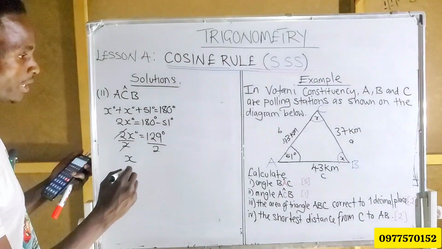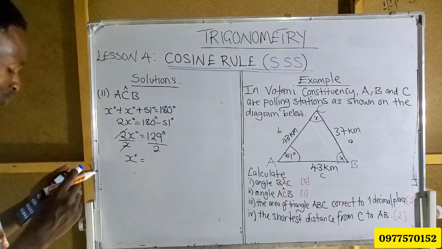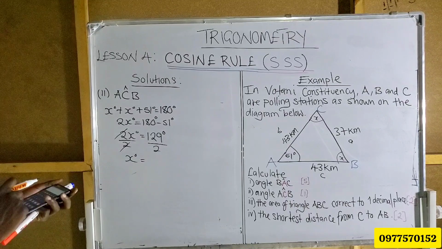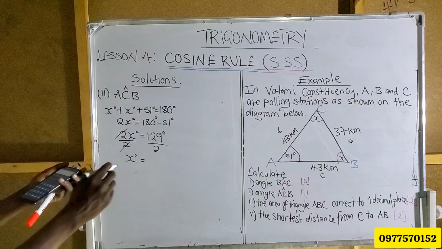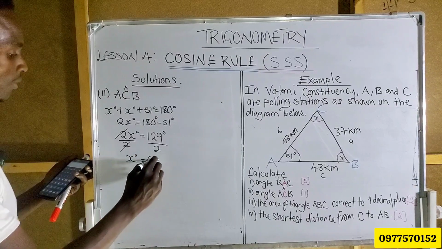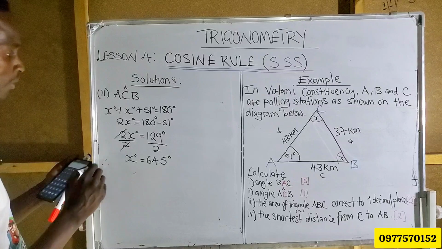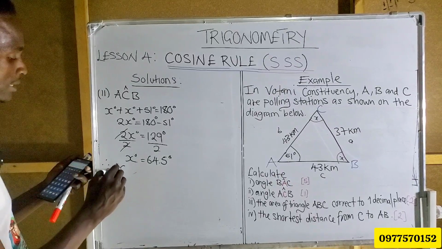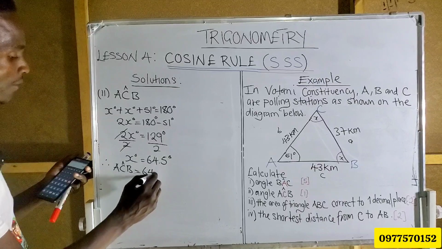The value of x degrees is equal to 129 divided by 2. We're going to have 64.5 degrees. Therefore, angle ACB is equal to 64.5.